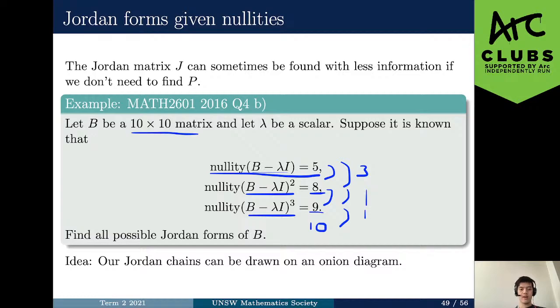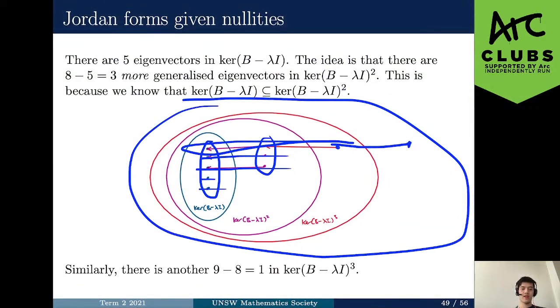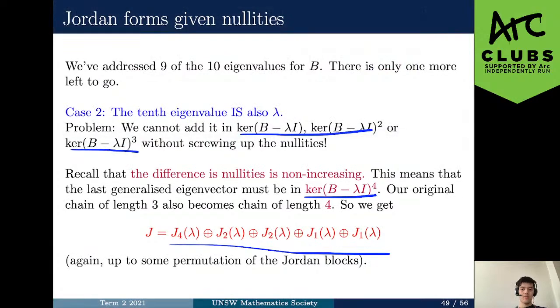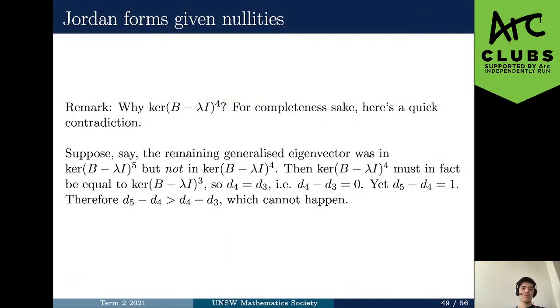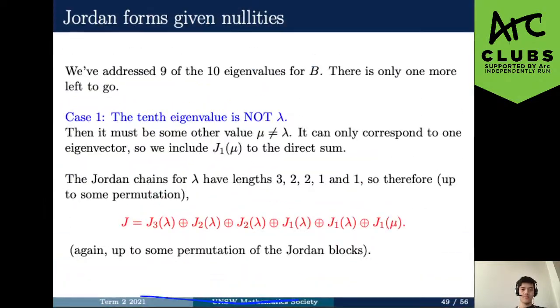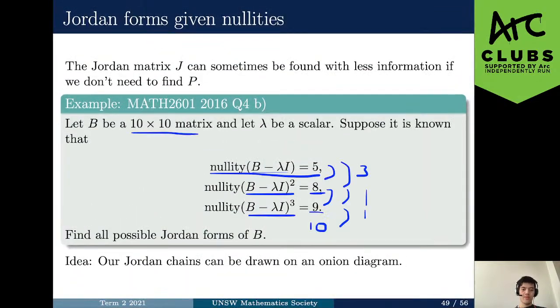But it actually can't be any other power. So here we assume that it's in the kernel of B minus lambda I to the 4. It actually has to be to the power of 4. It can't be to the 5 or to the 6, because that would break that rule about the differences being non-increasing. So if instead we say that this is 9, and this is 10 for the next one, then this difference will be 0, and if the earlier difference is 1, this is not allowed, because the differences decrease from 1 to 0 and then increase again.